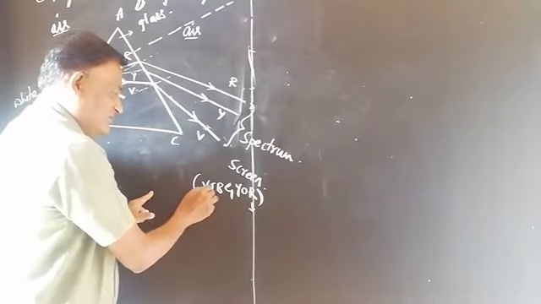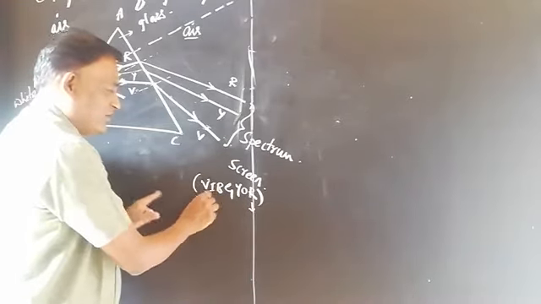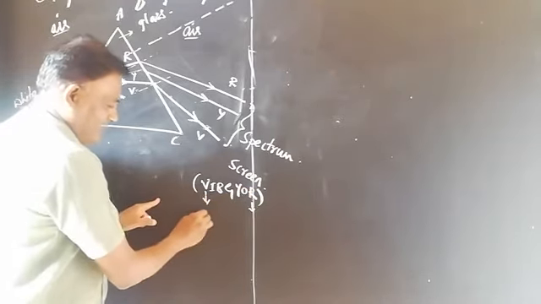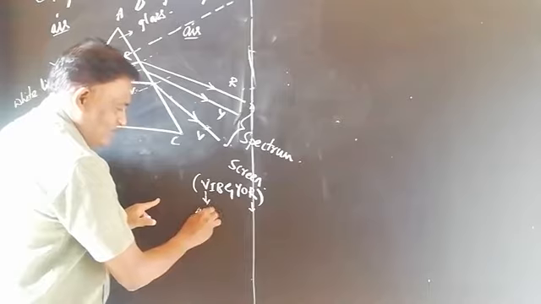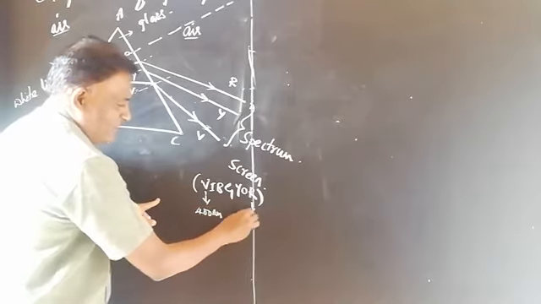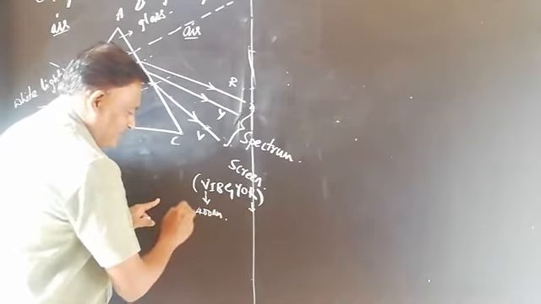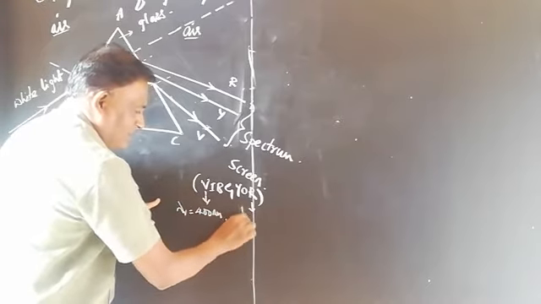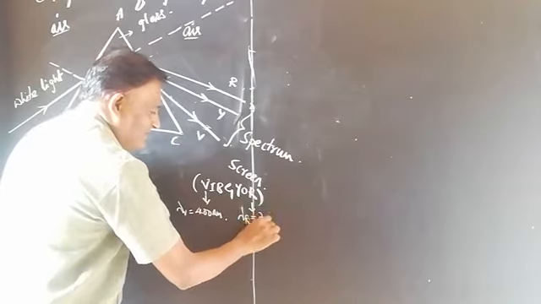In that spectrum, this visible light forms a small region, violet having wavelength 400 nanometer, whereas wavelength for the red color is of the order of 700 nanometer.